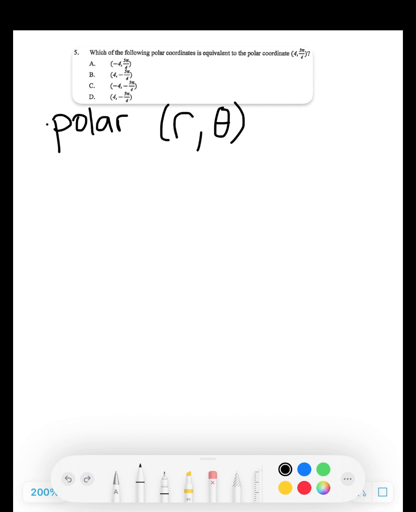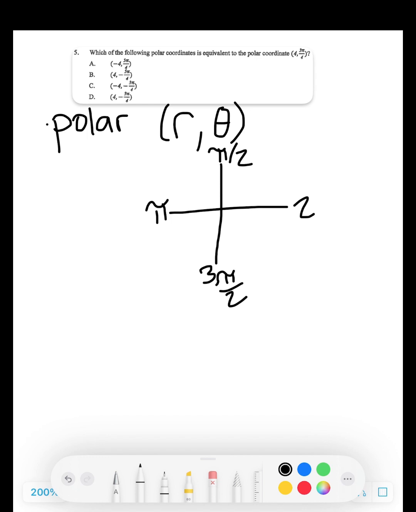Let's work on actually solving this problem now. Let's look through all 4 of these examples and see which one falls in the same place. Knowing your actual angles is going to help you out a lot here. So on the unit circle, this is pi, this is pi over 2, this is 3 pi over 2, and this is 2 pi and 0.